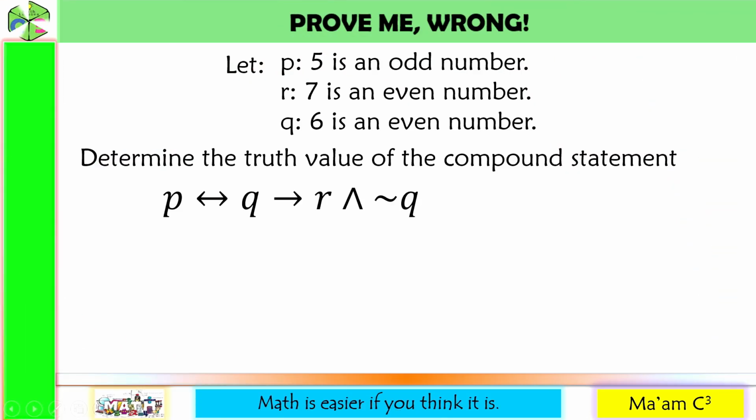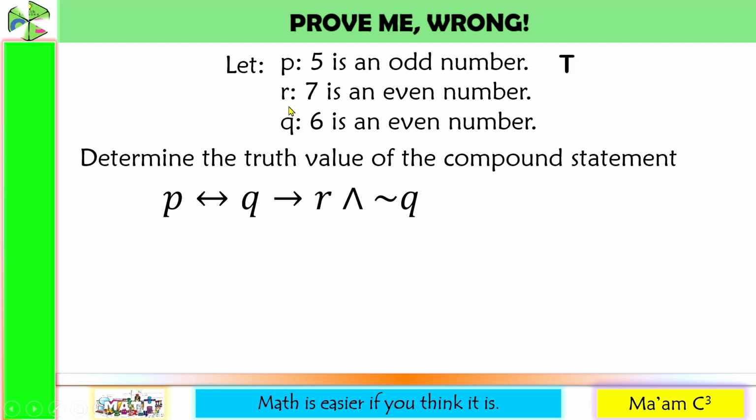Prove me wrong. This time I have given English statements and we are going to determine the truth value of this compound statement. This is the same compound statement in our previous example. The first thing to do if you are given English statements is to determine the truth value of each proposition. So P is the proposition, 5 is an odd number. Is that true or false? That is true.